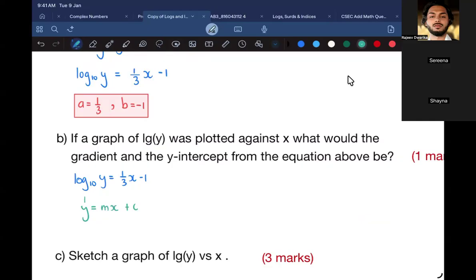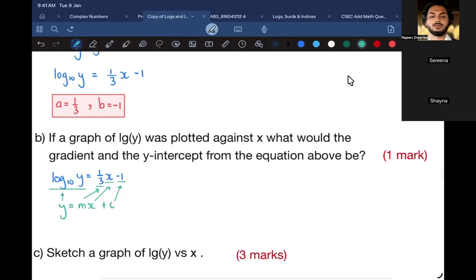So you'll see that y is actually log base 10 y. You'll see that m is actually a third, x is just x, and c is what? Tell me, Shina, what is c? -1. -1, right? Nice.